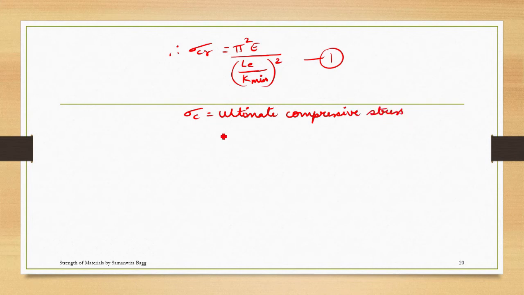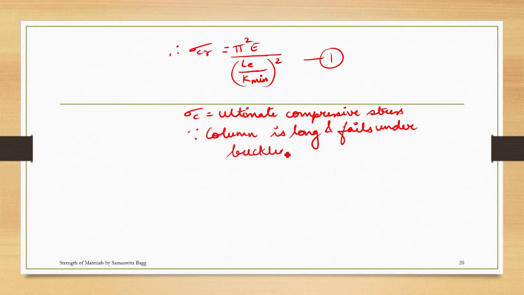So I can say that since the column is long and fails under buckling only, therefore this sigma CR will be less than sigma C. Now I can also write this as less than or equal to.